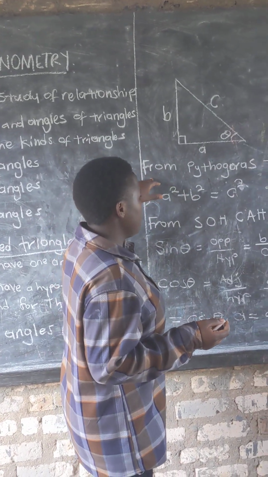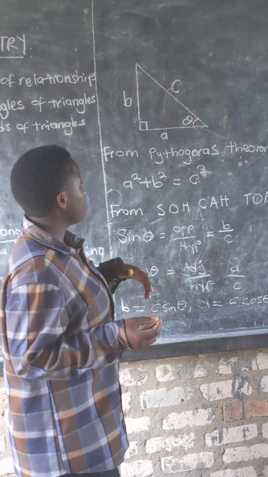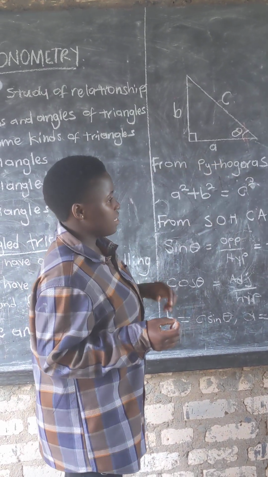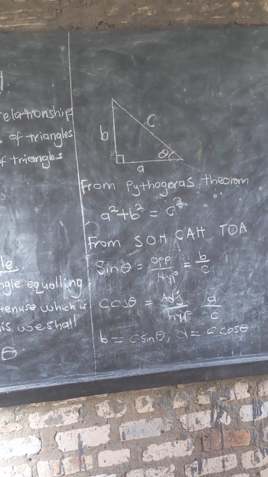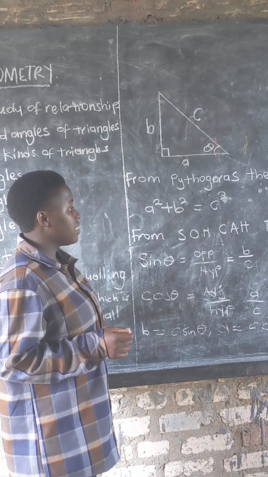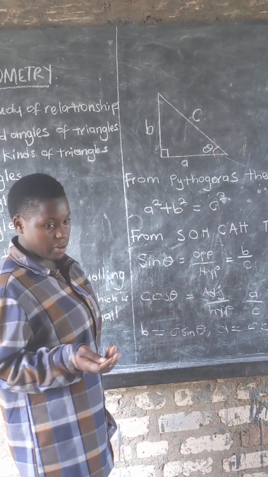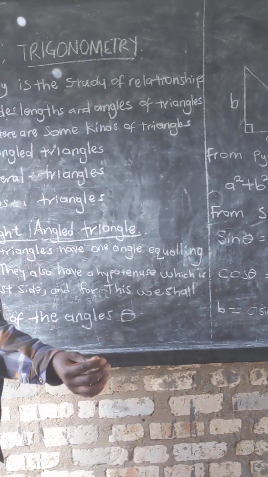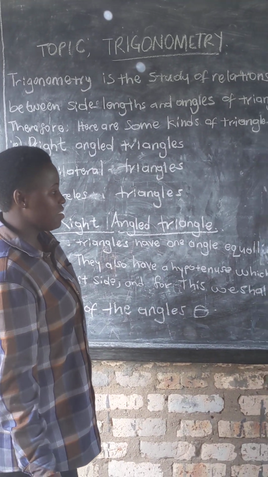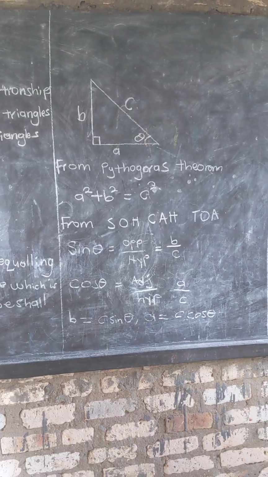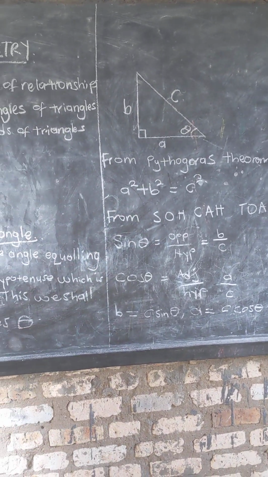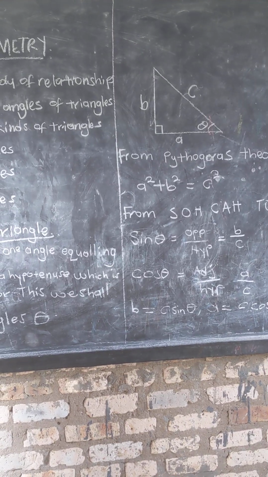Since you know the Pythagoras theorem from primary, it states a squared plus b squared equals c squared. You also learned SOHCAHTOA in your senior 3, a simple form that helps us know further trigonometry.